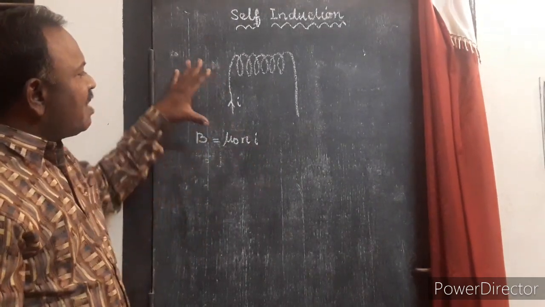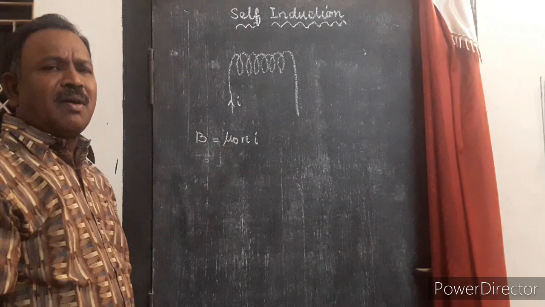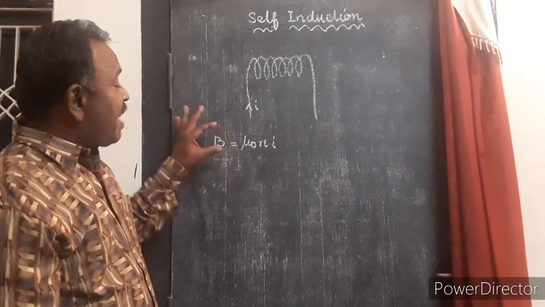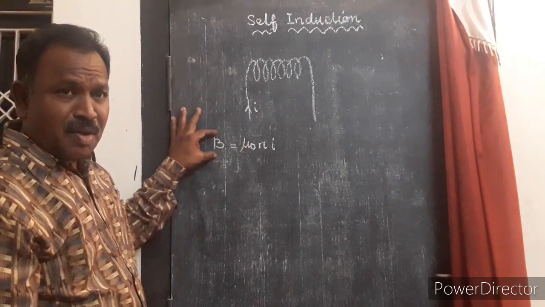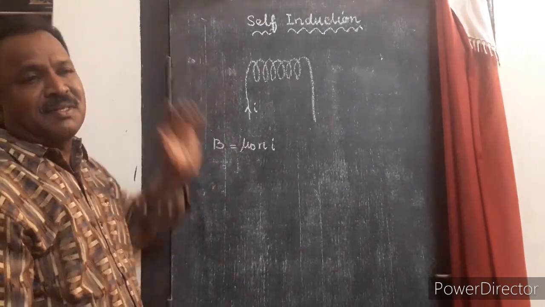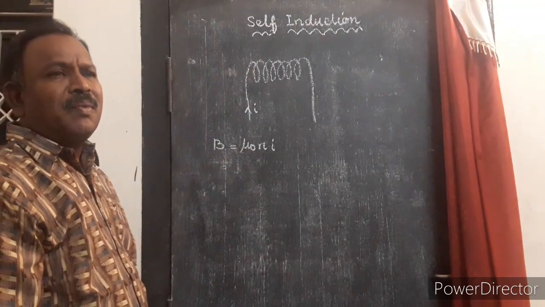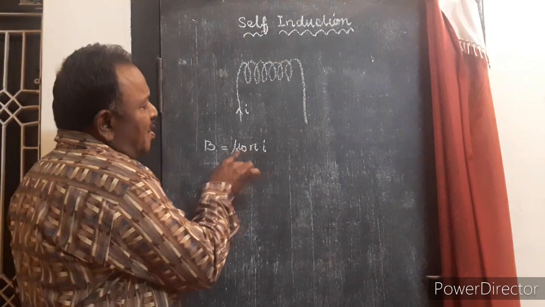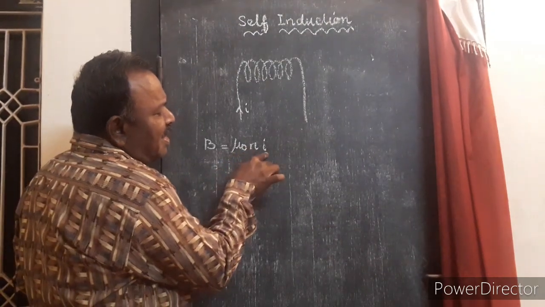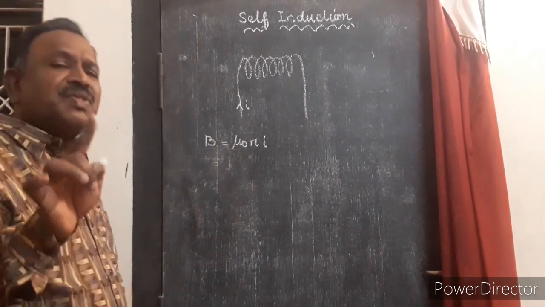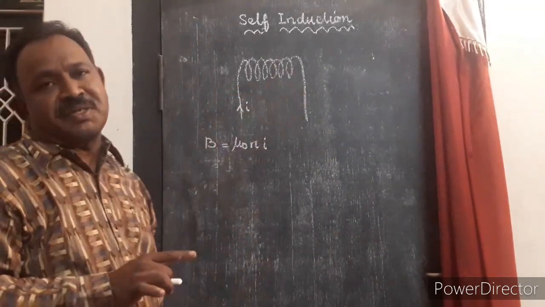So when current is allowed to pass through a solenoid, it will produce a magnetic field. When a magnetic field is produced by the solenoid, ultimately there is magnetic flux. Magnetic flux depends upon mu naught, n, which are constants, and I. So when current changes, magnetic flux through the coil changes.